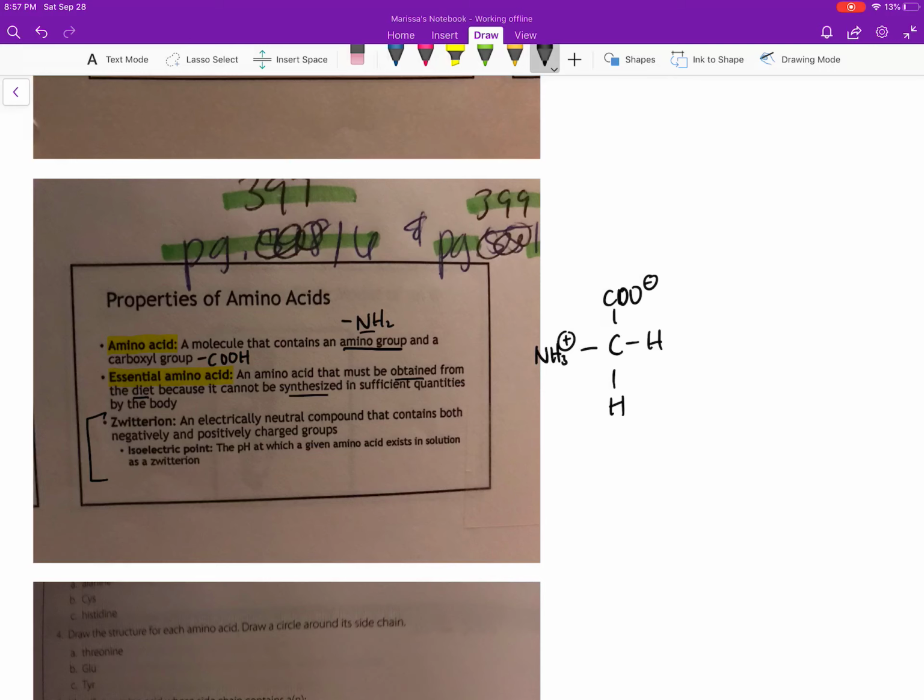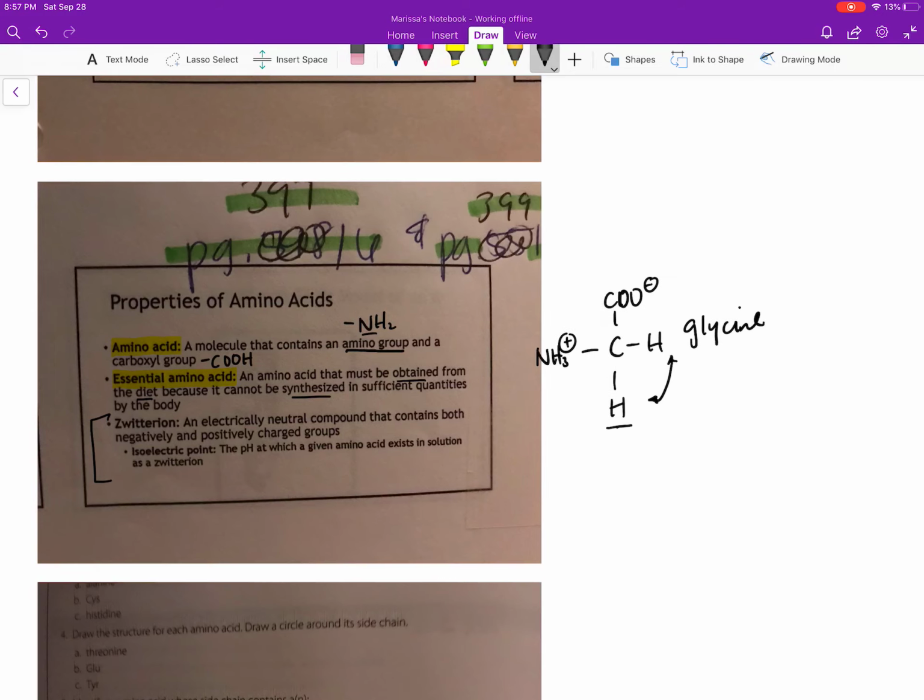The reason why I would say it's really important to know glycine is that it's the only one that has two identical groups. So instead of this group being what makes it distinct, like a methyl group or an aromatic group, it's another hydrogen.